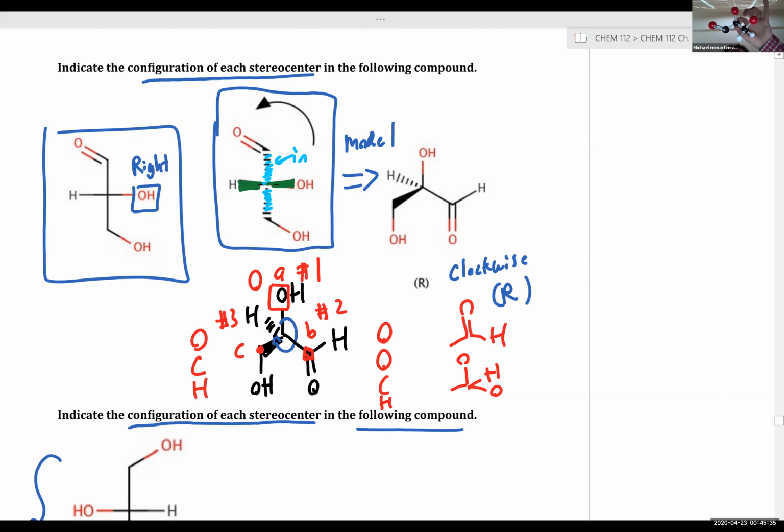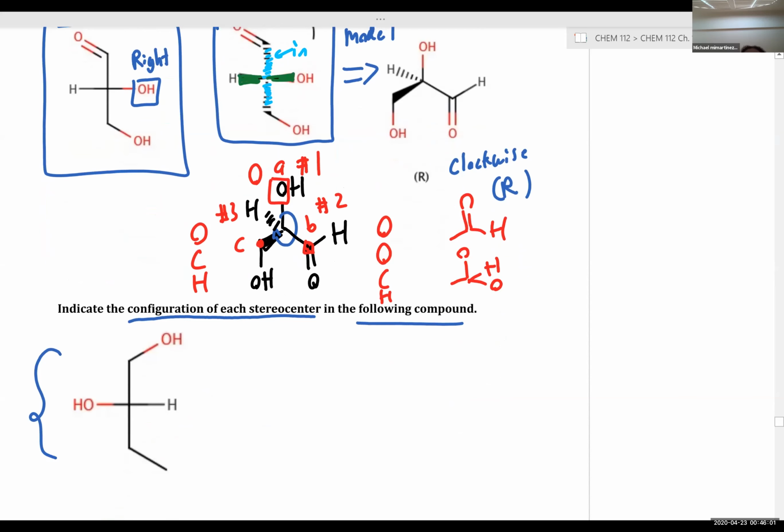And then we draw what we see. And that's it. The only tricky part is rotating the molecule. And that's why I like you to play with a model kit, so that way you can get used to the idea of rotating molecules and changing your perspective in 3D space. Does that help, Christine? Does that make a little bit of sense?